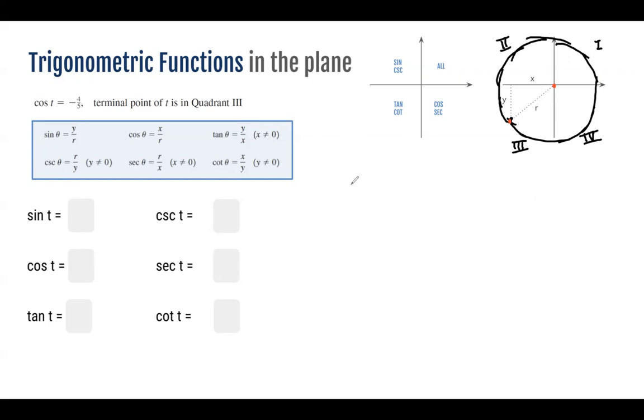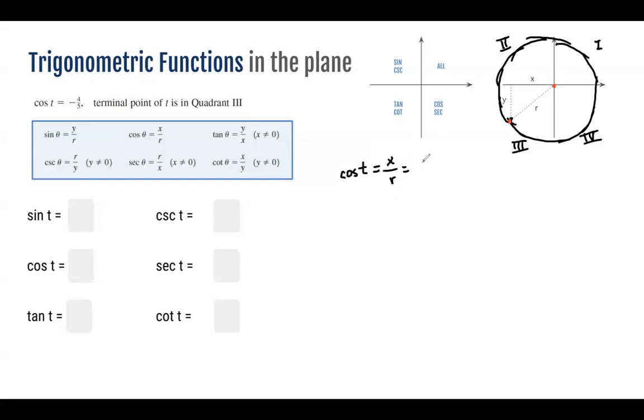And we know that cosine of t, it could be cosine of theta, cosine of alpha, is pretty much the same thing. Cosine is equal to x over r. And we have to consider that r is to be positive.